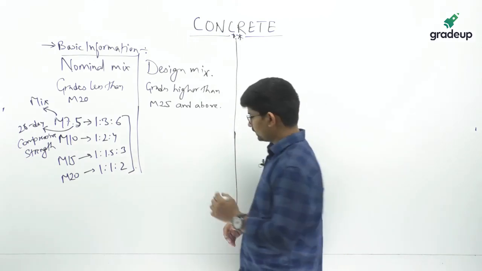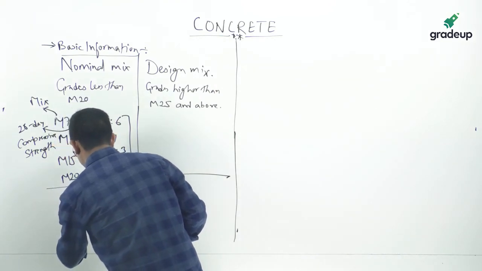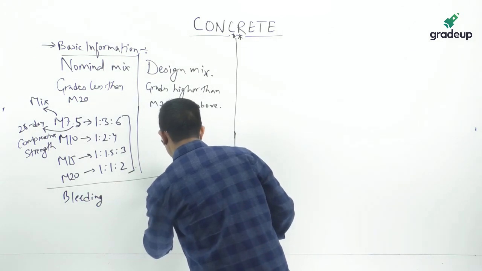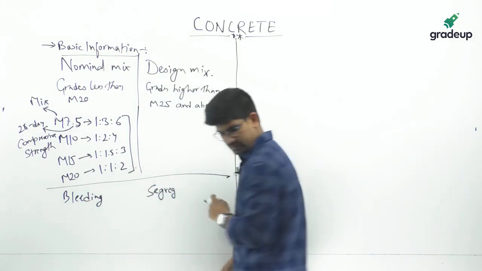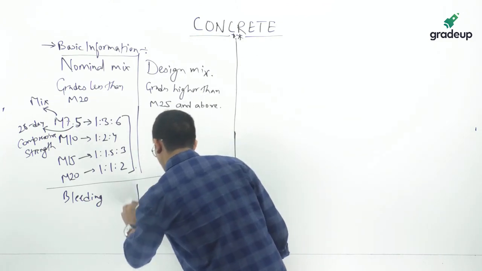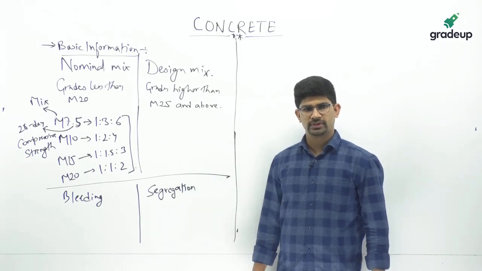Now there are two things which you have often heard. One is bleeding of concrete, and the second thing is segregation. There is a lot of confusion in this, and often objective questions also appear with respect to this.